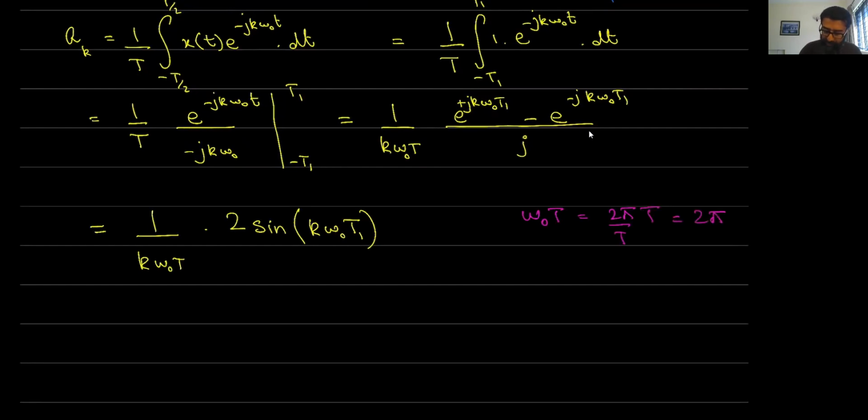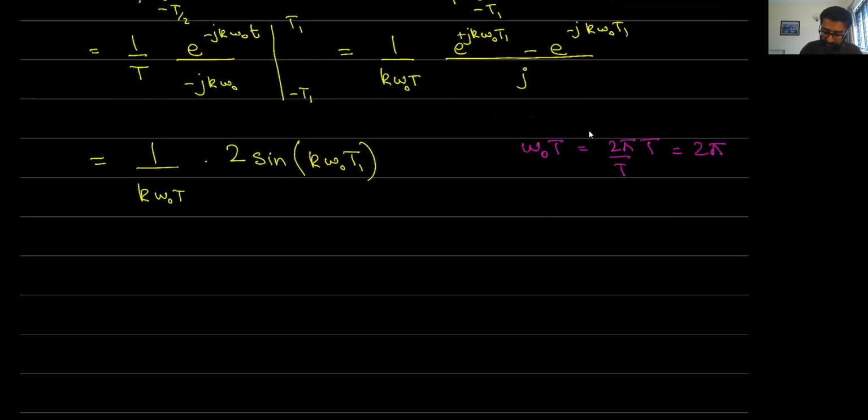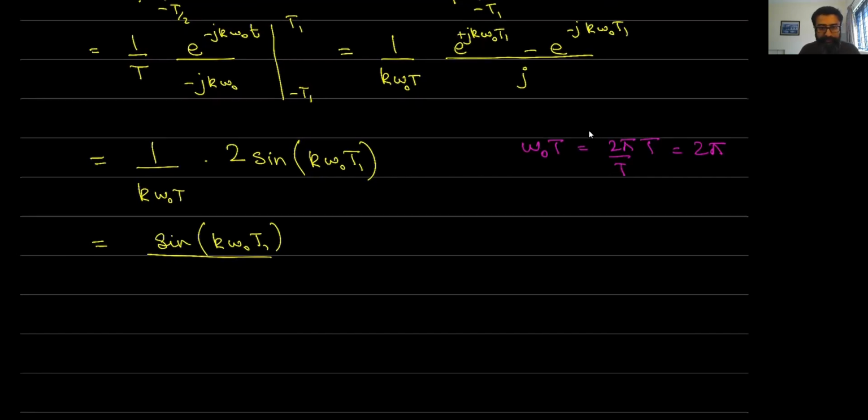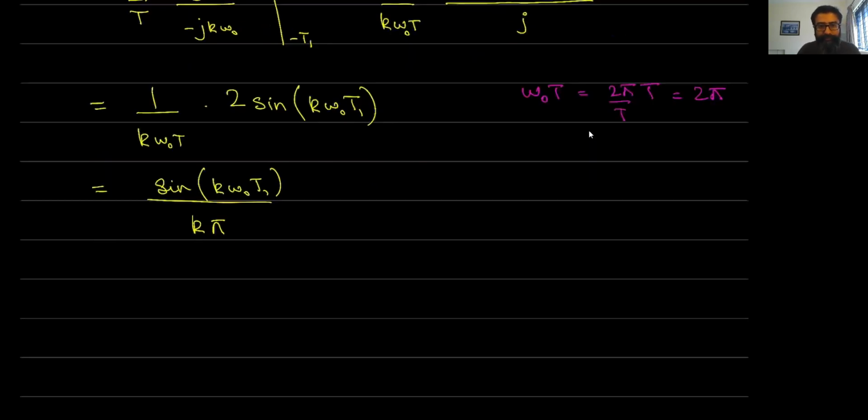So plugging this back in here, this is therefore sine k omega naught t1 divided by k times pi. Actually, this 2 cancels with this 2 when it goes back here.